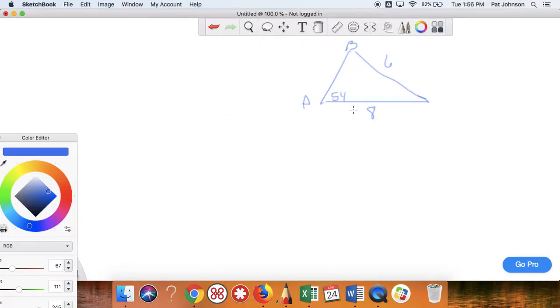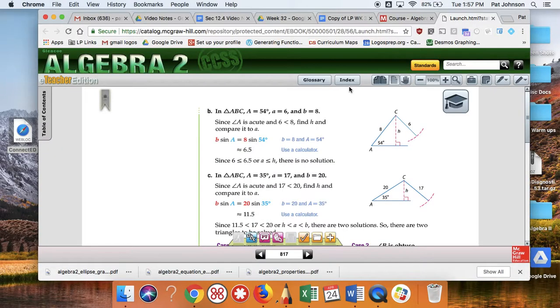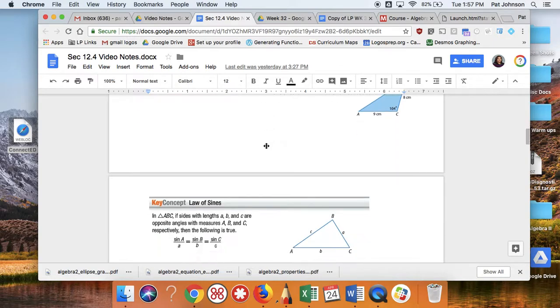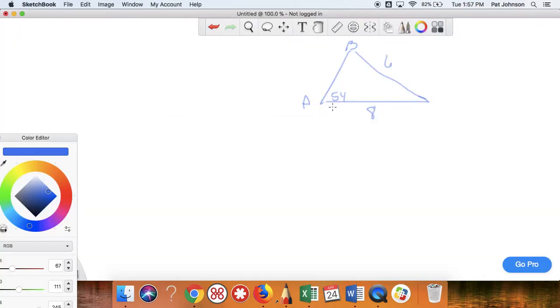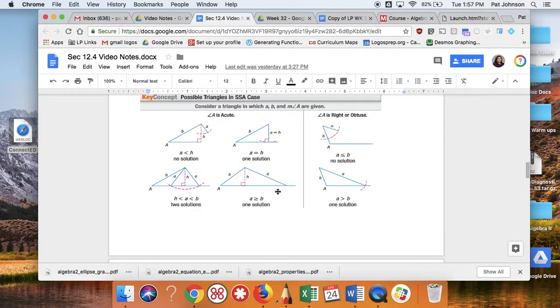Okay, so the first thing we need to look at is we're given one angle and two sides, so we can have an ambiguous case, so we have to check for ambiguous cases. So we go back to our key concept box, and A is an acute angle, it's 54 degrees. So we're going to have one of these cases.